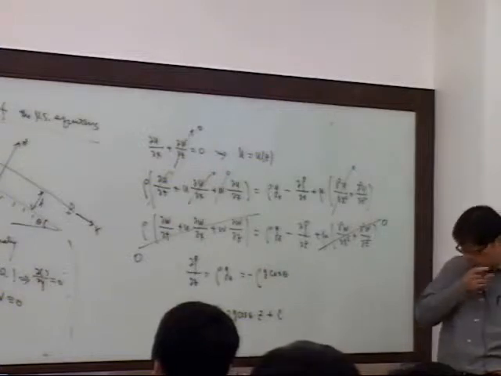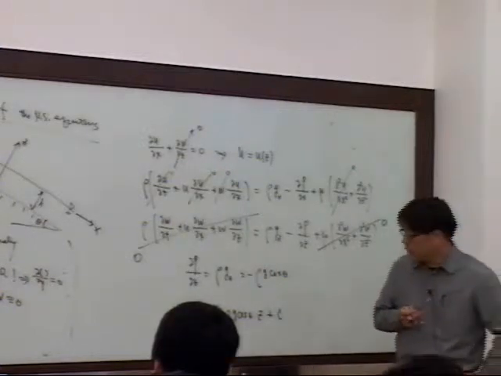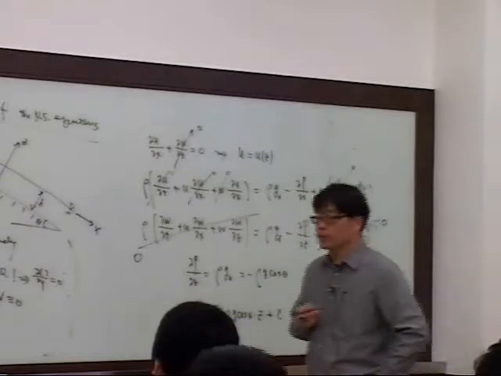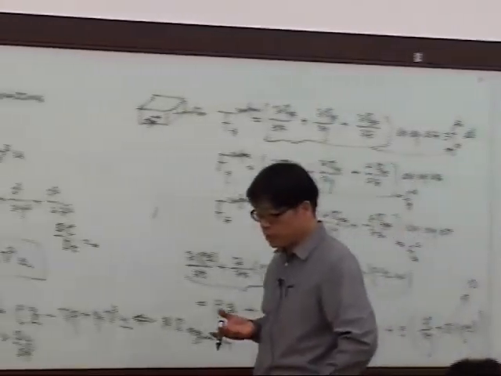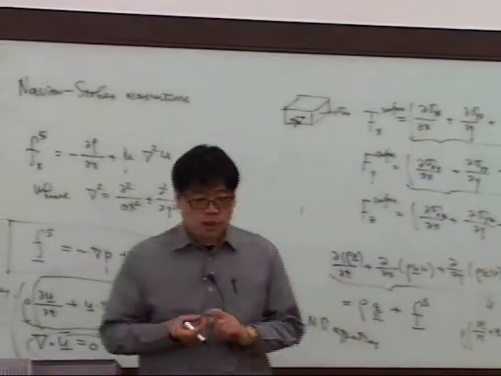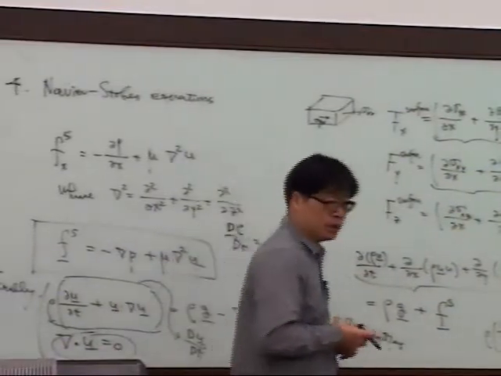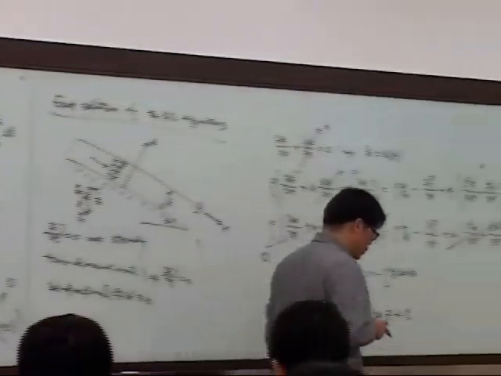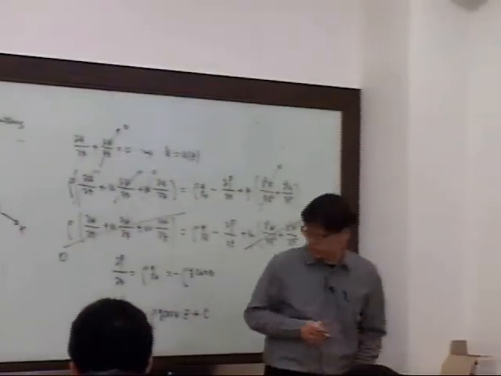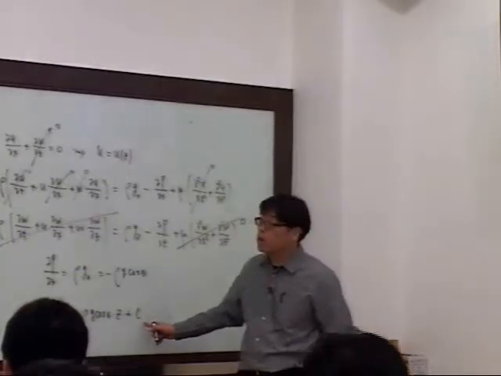Now, when you solve partial differential equations, you have to impose boundary conditions, and those boundary conditions will determine an unknown constant, like C, okay?